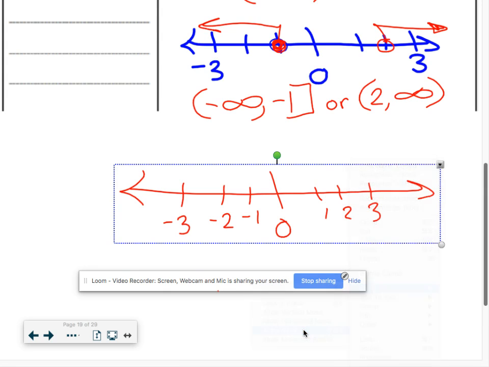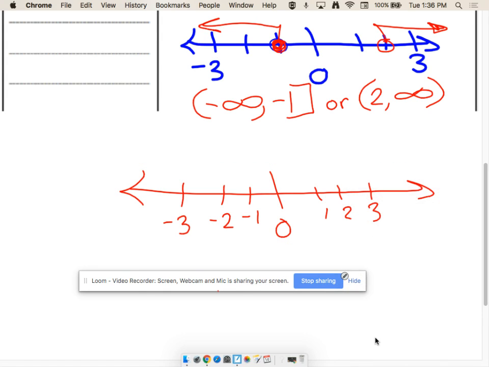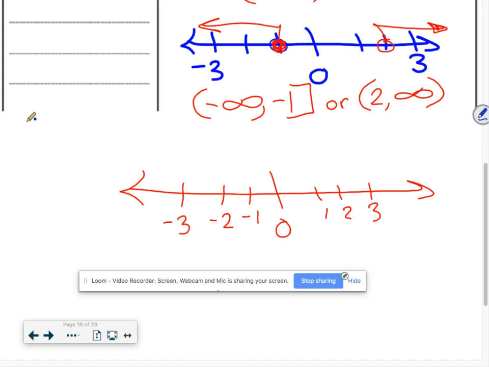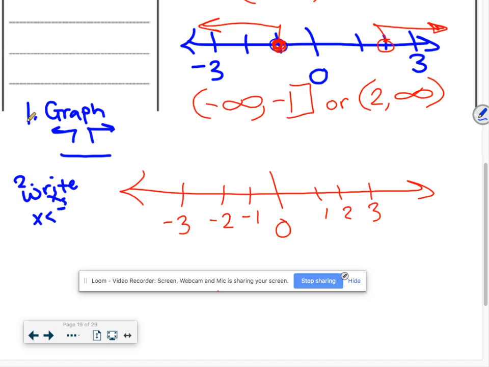Lock, allow, move. Okay, so you've had 3 learning targets. Learning target number 1, you graphed a normal inequality compound. So you did an or or an and graph. Learning target number 2, you wrote a compound. That's when you have x's, like x is less than 5 or x bigger than 10, or smushed between.